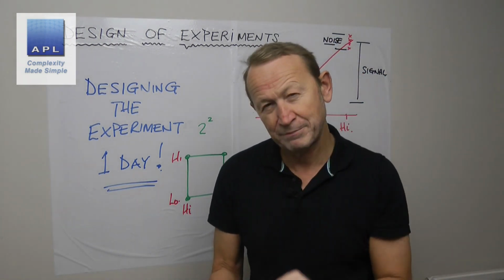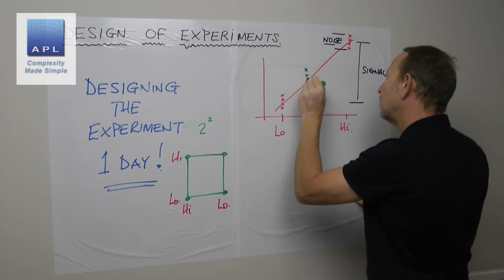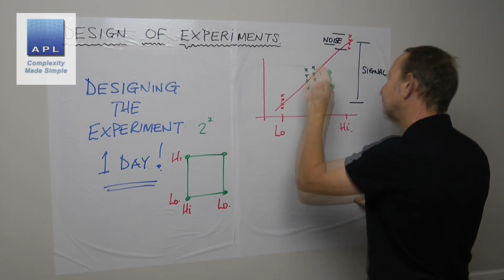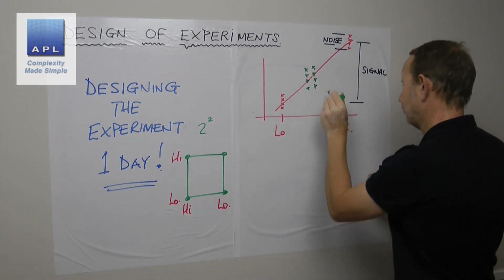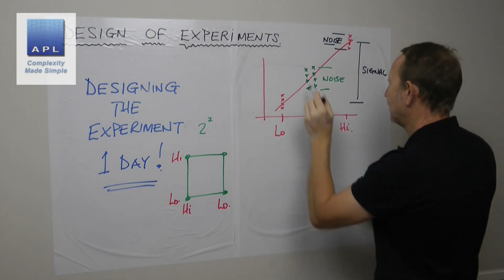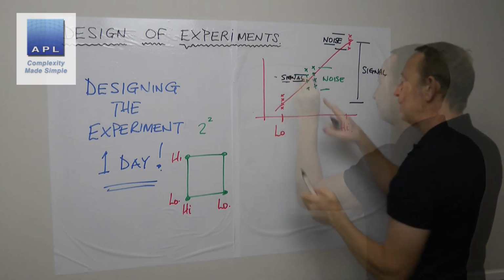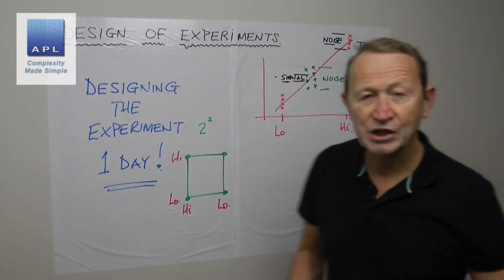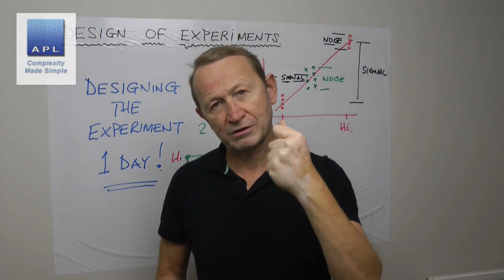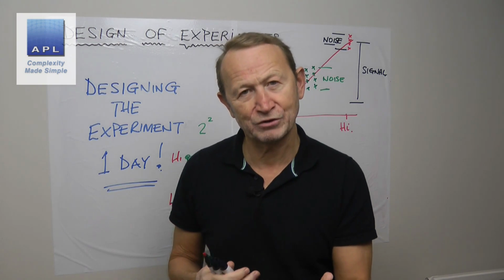But maybe we could have been more conservative than that. And we put them much tighter. And now we have noise, which is still just as big, but our signal, look, is tiny. Now the maths won't like this. So you will miss possible knowledge when knowledge was really available to you.